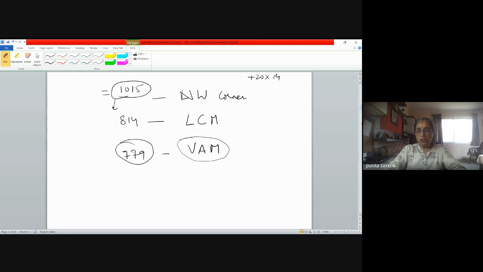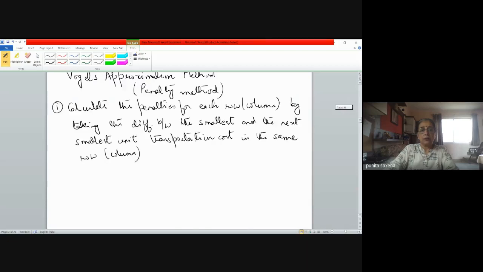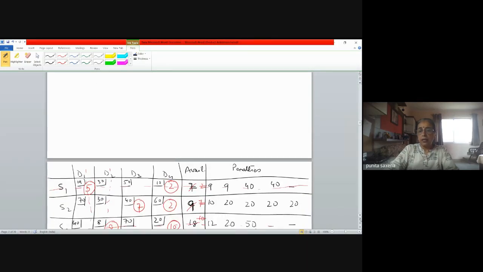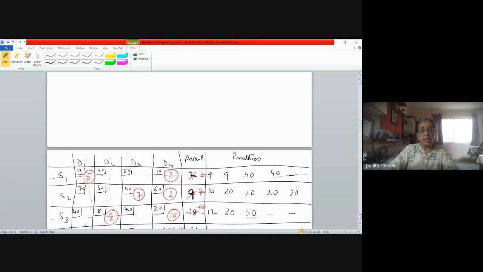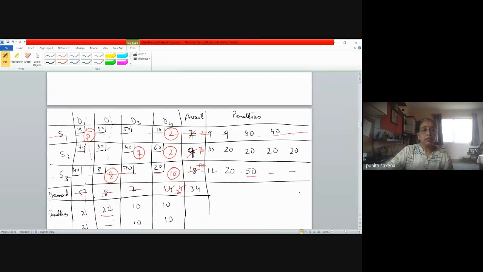Like if you look at the Vogel's table that we have just written here, we have 6 basic cells: X11 is basic, X14 is basic, X23 is basic, X24 is basic, X32 is basic, and X34 is basic. But X12 and X13 are non-basic, right?